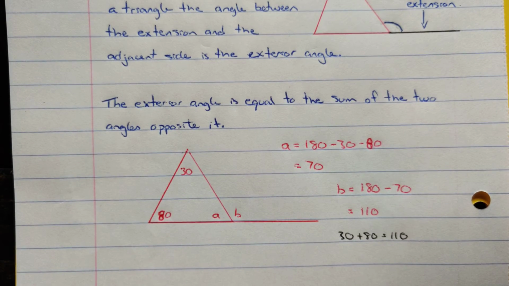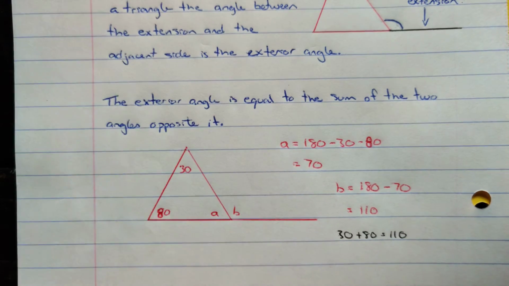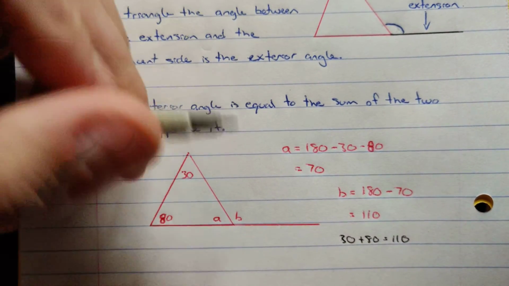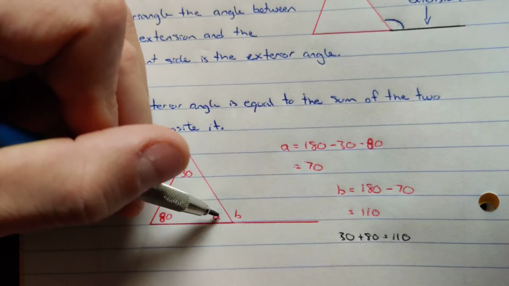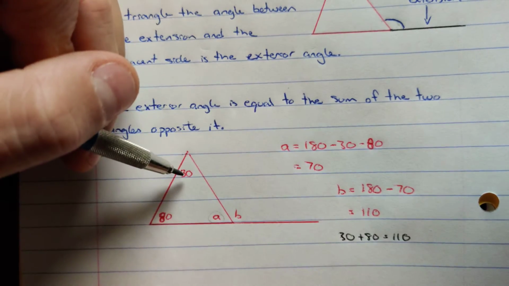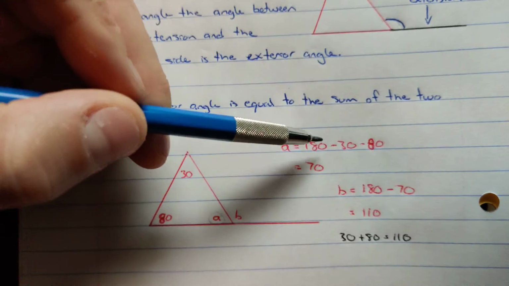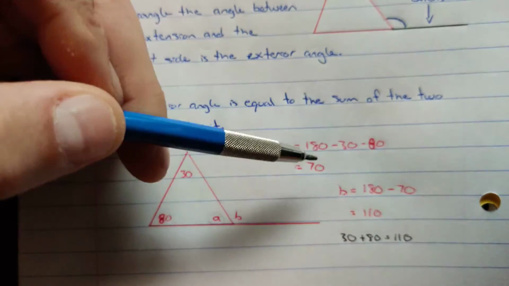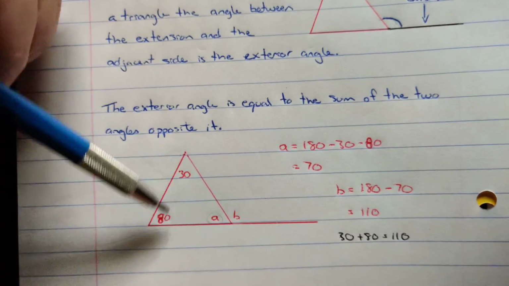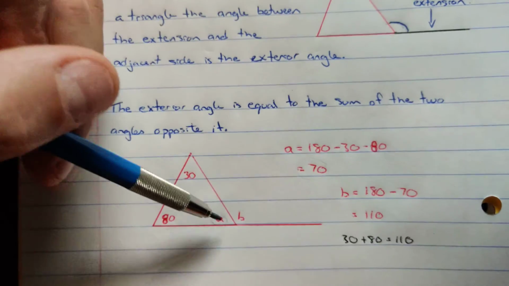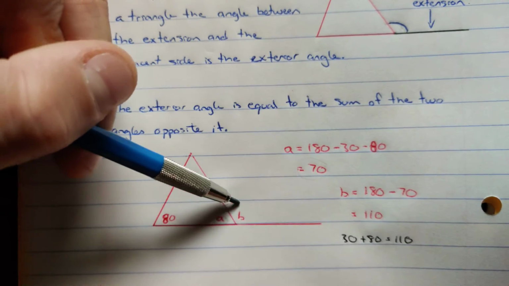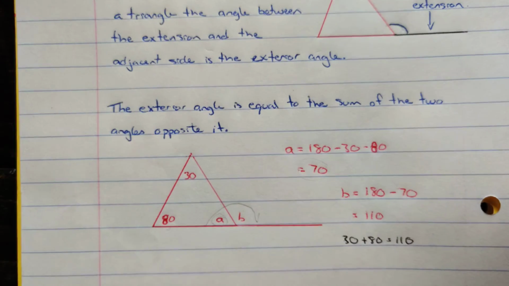If you think about it, the sum of the angles in a triangle is 180. This is 180. A is 180 minus 30 minus 80. We take away these two and we're left with 70. So A is 70. But this whole angle right here is 180.